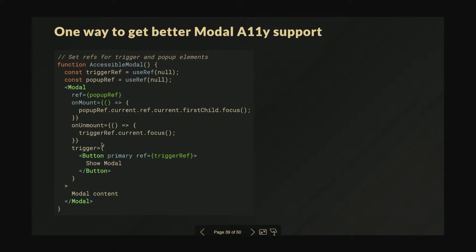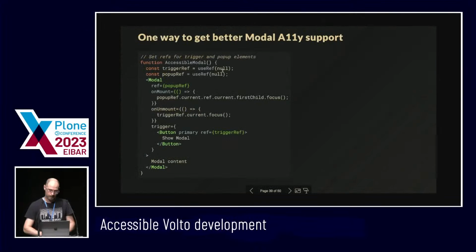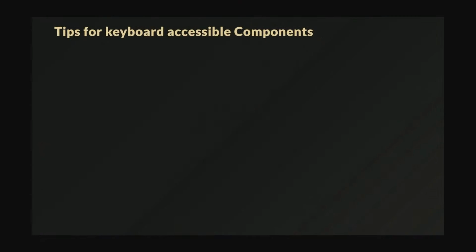You have to be the one that codes the accessibility in. In our case, by using onMount and onUnmount, on mount I make sure that I focus on the first child of the pop-up. So therefore, I'm no longer kept in the page focus, and I'm taken to the pop-up focus. And on unmount, I'm going back and focusing on my trigger, which was the button. And this is all I had to do in order to make my component accessible.